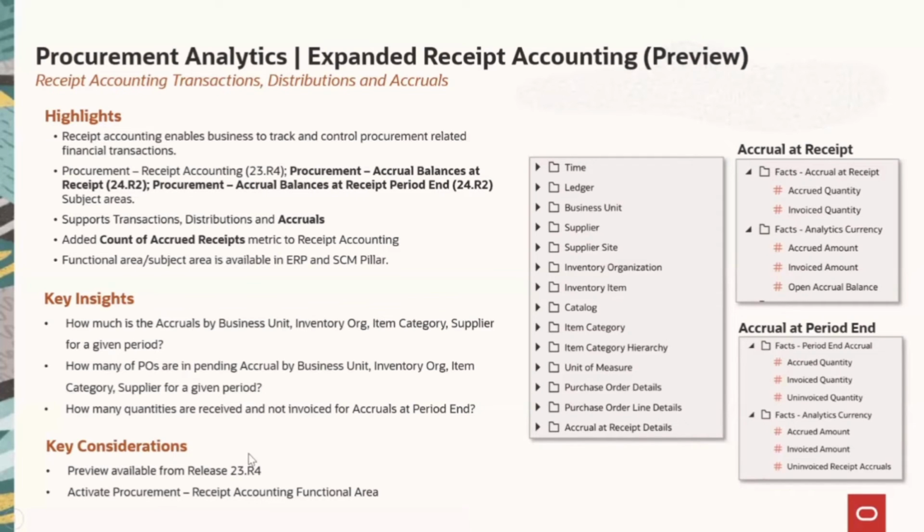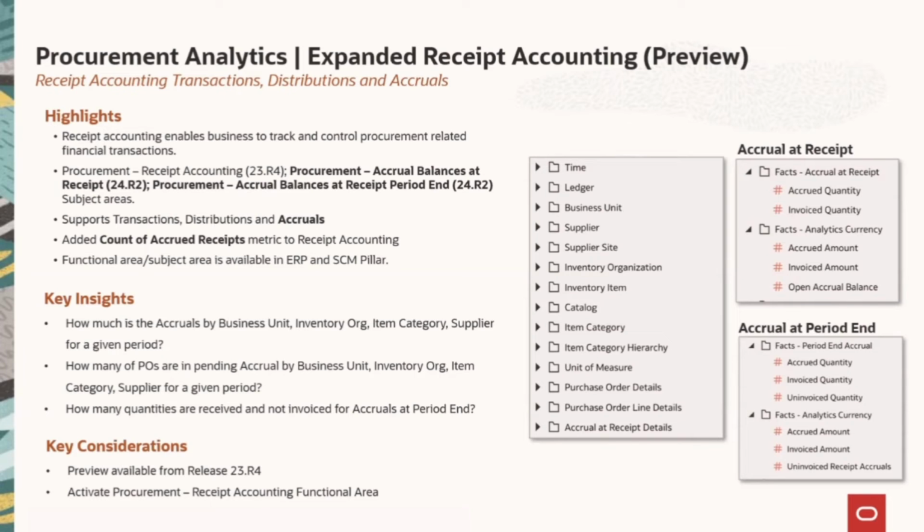Now you can see on the right side the various dimensions supported, by which we can dice and slice: business unit, supplier, inventory org, item, category. In the accrual at receipt subject area, you can see how much I've received, which is the accrued quantity, and how much has been invoiced till now.